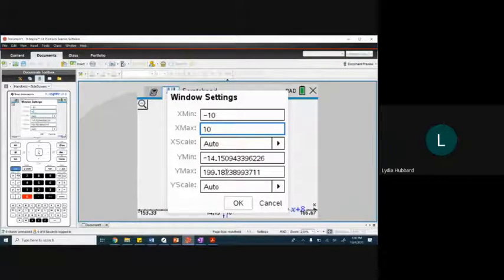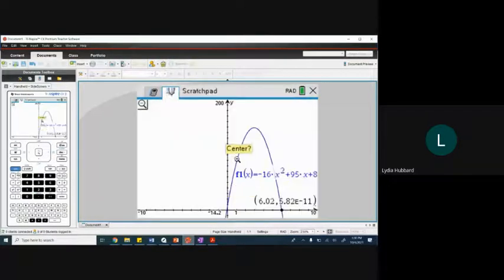And then maybe we go up to 200. Then we'll just click OK. Okay, that's a little bit better graph. I can see things happening a little bit easier. I'm not so far spread out, not a great axis, but I can see the whole graph from here. So again, make sure you're practicing getting a good window to see the entire problem.